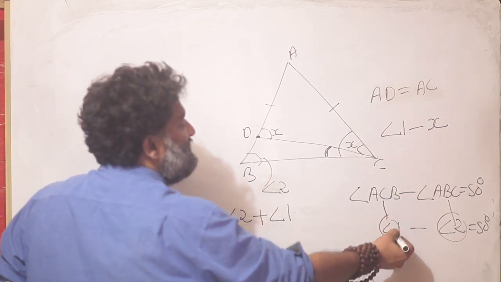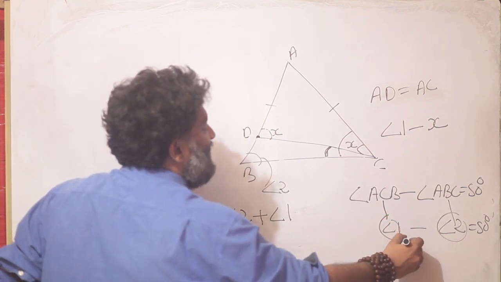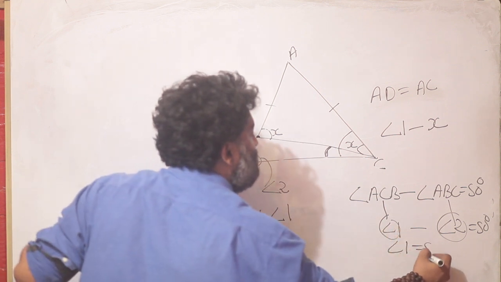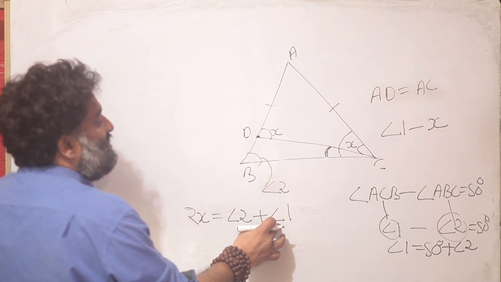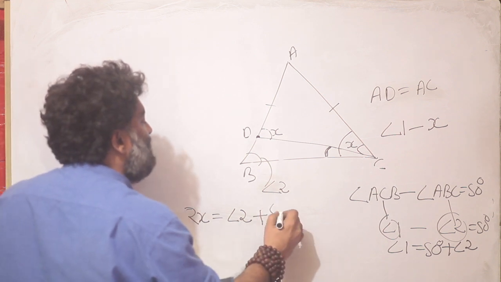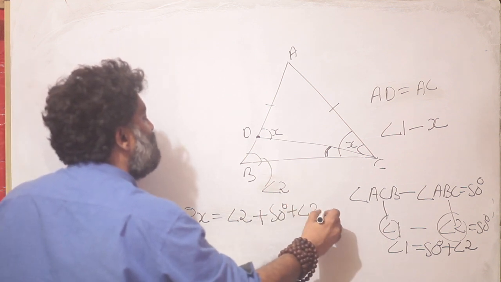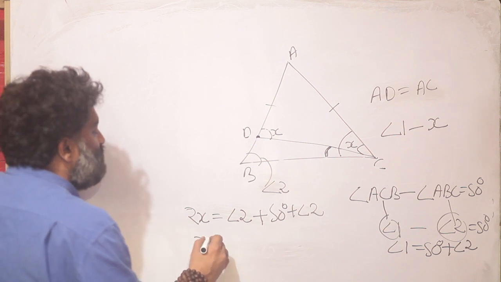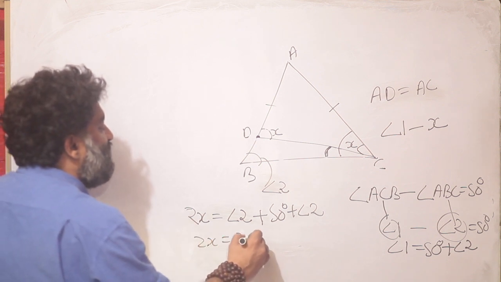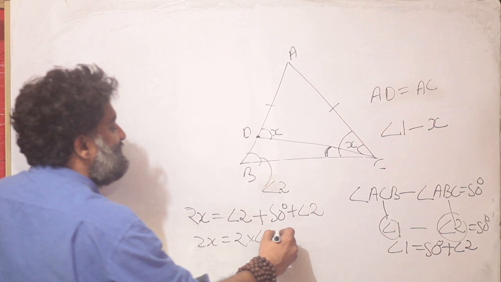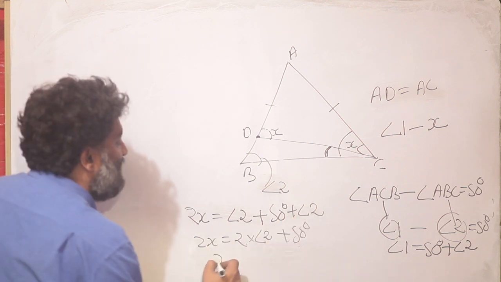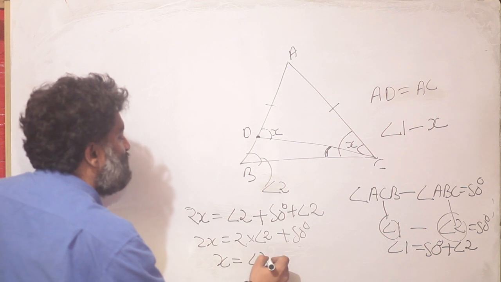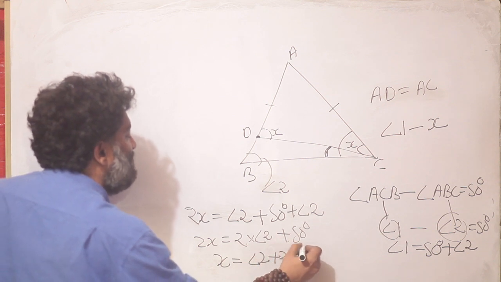If I just play with this equation a little bit, I can rewrite this as angle 1 is equal to 50 degrees plus angle 2. So instead of angle 1, I will write 50 degrees plus angle 2. So I get 2x is equal to twice of angle 2, whatever that is, plus 50 degrees. Divide everything by 2, you get x is equal to angle 2 plus 25 degrees.